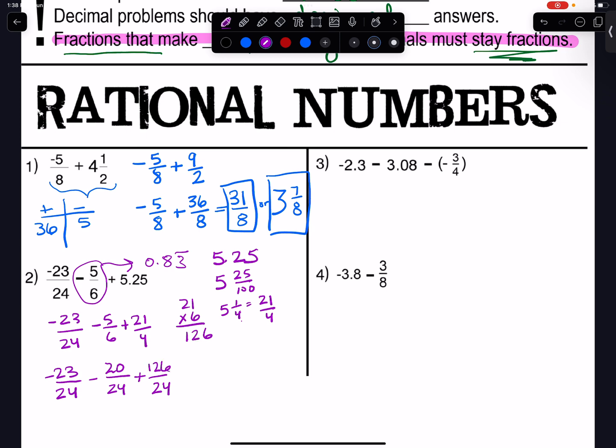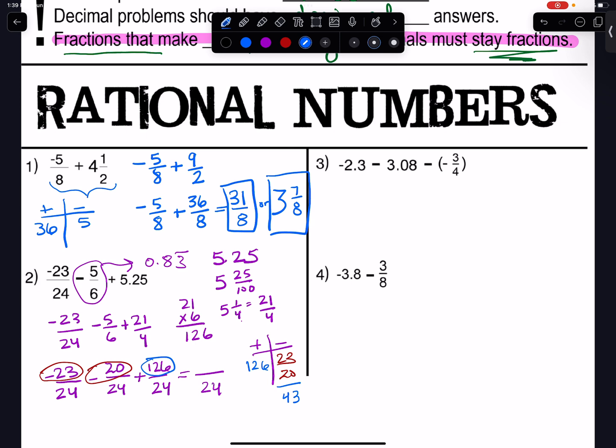All right, so we're going to keep the denominator the same, and we'll use a scoreboard for the numerators, and we have 23 negatives, 20 negatives, and 126 positives. So altogether, I have 43 negatives and 126 positives.